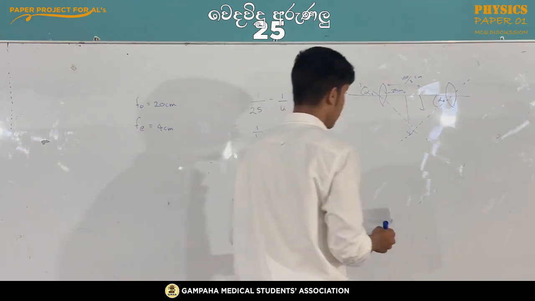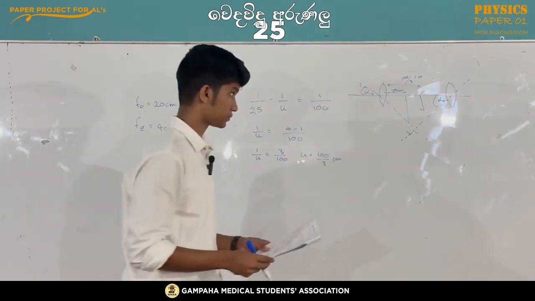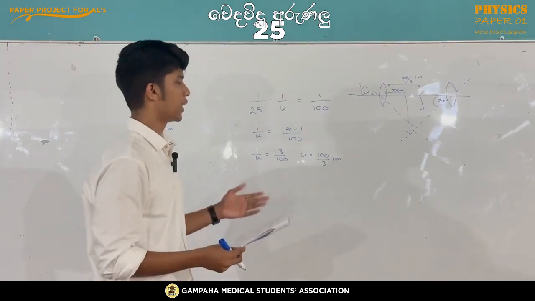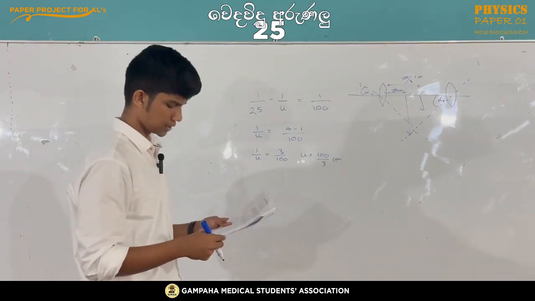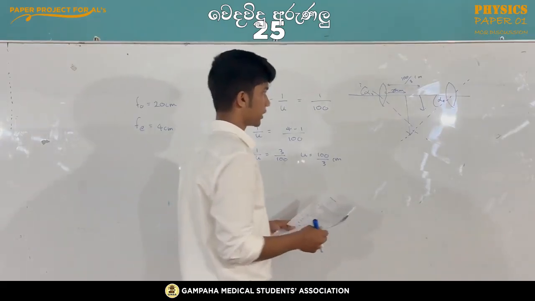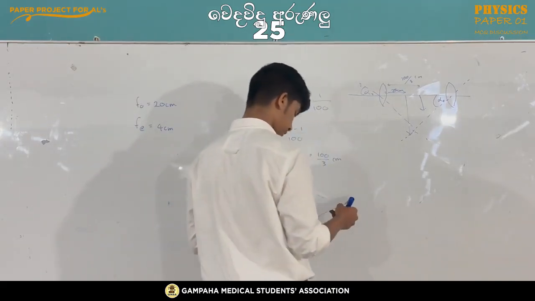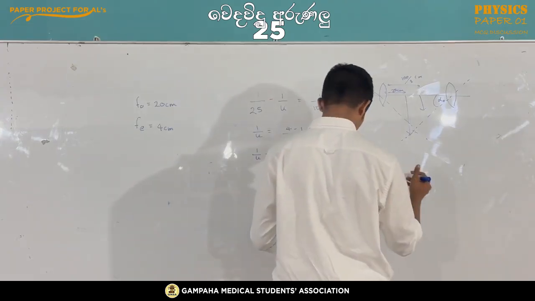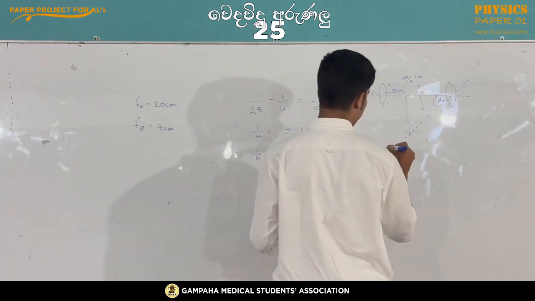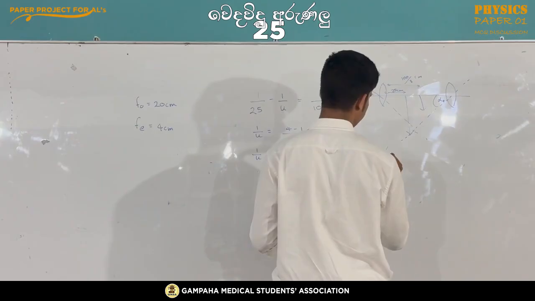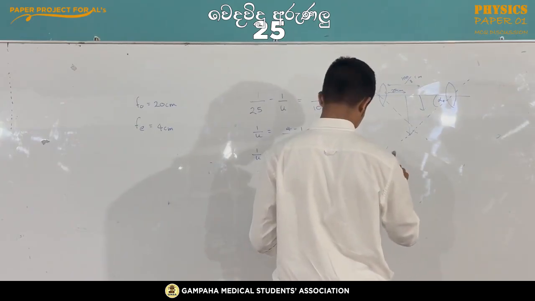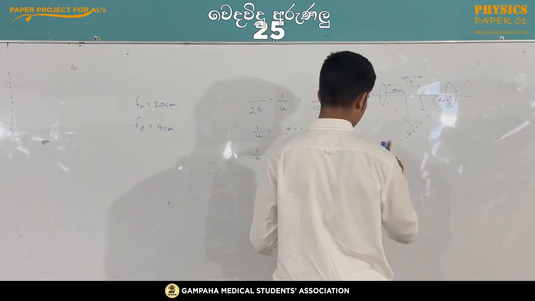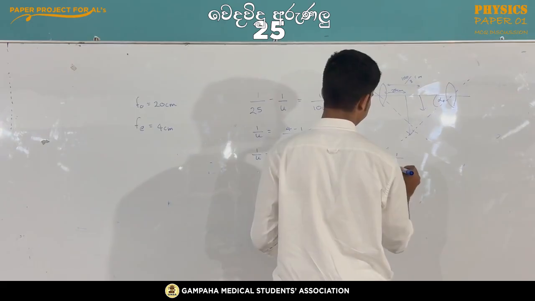So then the ratio of the two angles is equal to the angular magnification. So the angular magnification is equal to alpha 1 over alpha 2.